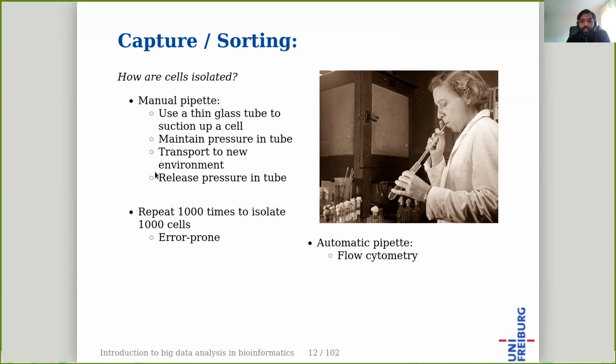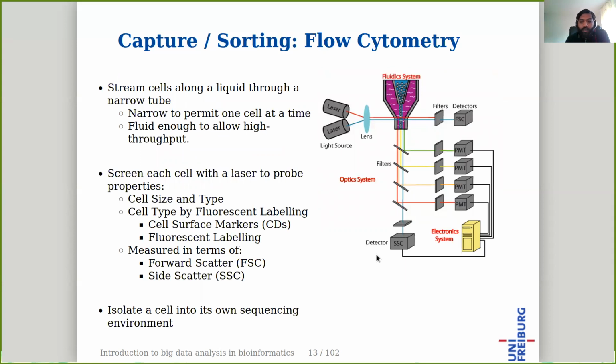Nowadays we luckily have automatic machines which do all this cell isolation, and one of them is flow cytometry. Here is how flow cytometry works.